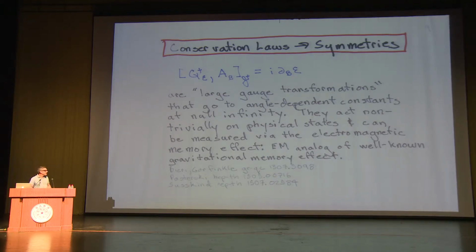There's also an analog of the memory effect, which is described in these papers, that is the analog of the gravitational memory effect in QED. And there's also a similar asymptotic symmetry in non-abelian gauge theories like N equals 4 Yang-Mills that have massless fields that go to infinity. And there's also a color memory effect.